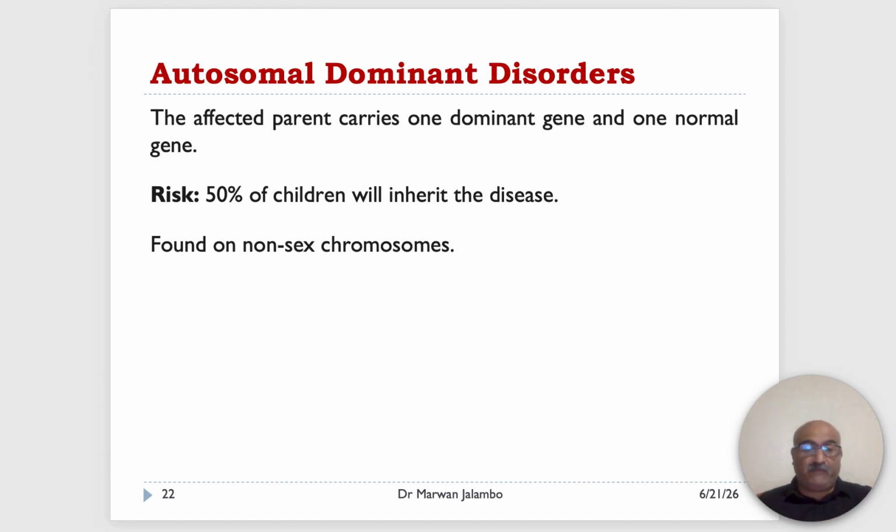When they have children, there is a 50-50 coin toss for each pregnancy. The child has a 50% chance of inheriting the defective gene and developing the disease.